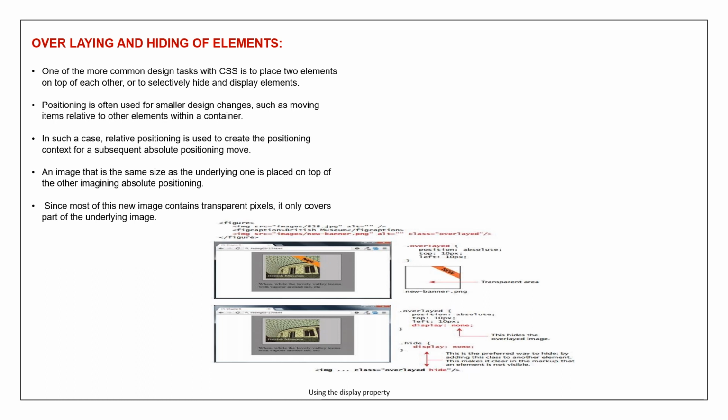An image that is the same size as the underlying one is placed on top of the other using absolute positioning. Since most of this new image contains transparent pixels, it only covers part of the underlying image. The below figure describes using the display property.